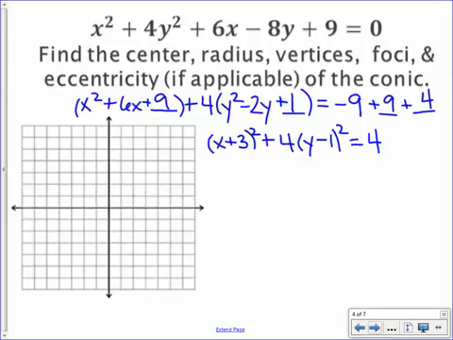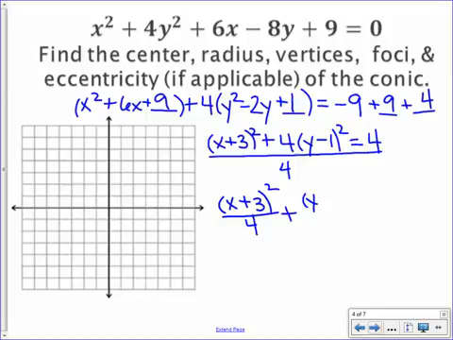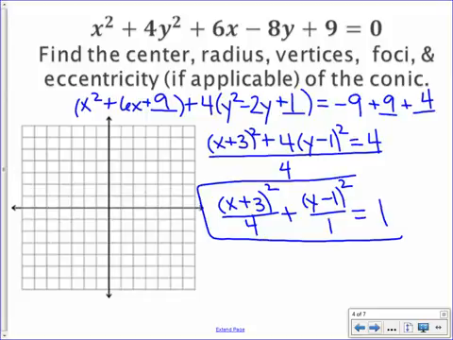So what are we going to have to do to make sure that is a 1? We're going to have to divide both sides by 4. So our standard form equation is x plus 3, the quantity squared, over 4, plus y minus 1, the quantity squared, over 1, equals 1.